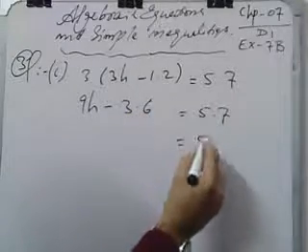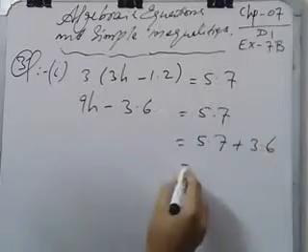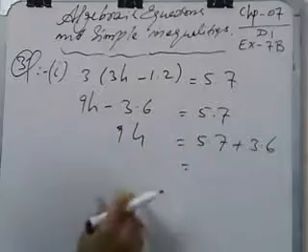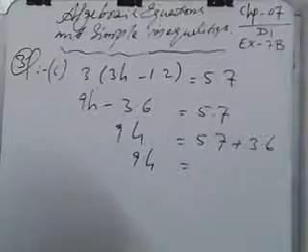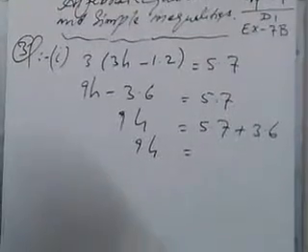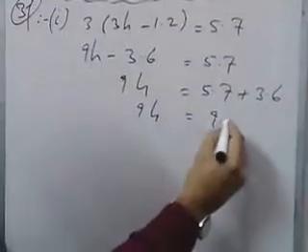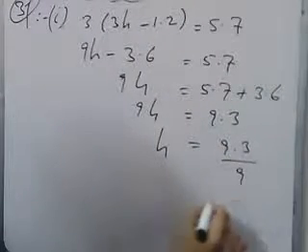So constant term should be shifted at one side, you will get positive 3.6. It will give you 9h, it will give you plus 5.7, you will get 9.3. Once again, the value of h is 9.3 divided by 9.